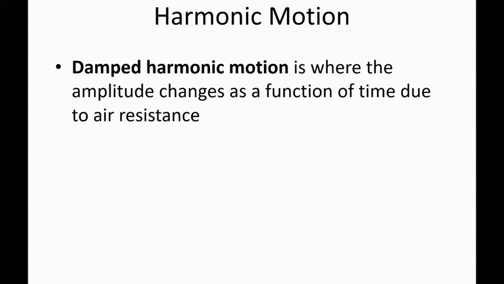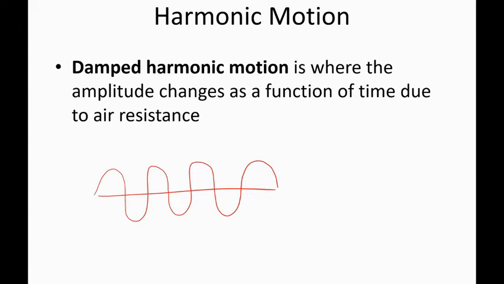Now, damped harmonic motion, what is that? When I have simple harmonic motion, you have your constant amplitude. I'm drawing this over and over again to show you that in simple harmonic motion, you have the same amplitude on the top and bottom through the entire thing. There's no friction.